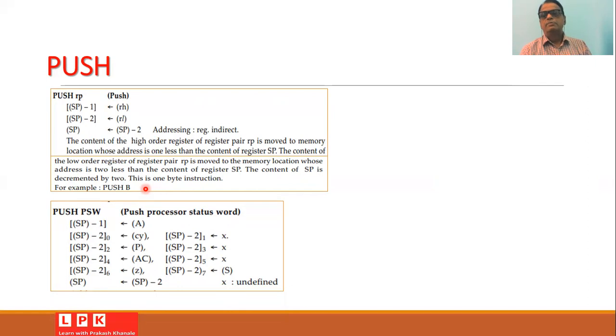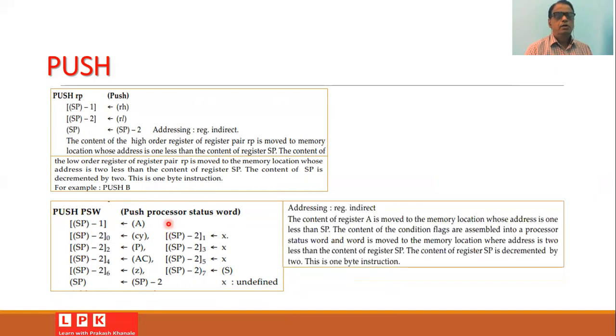Another instruction that is used quite frequently while writing assembly language programs is PUSH processor status word, or PUSH PSW. In this instruction, the content of the accumulator will be shifted to the location whose address is one less than the content of the stack pointer.